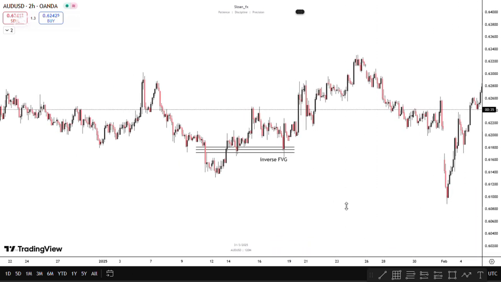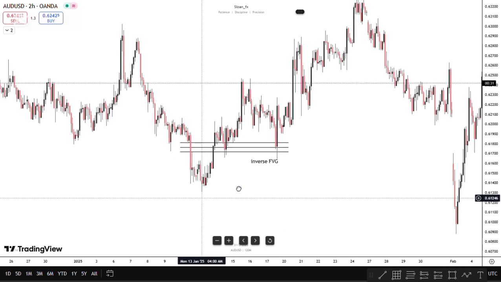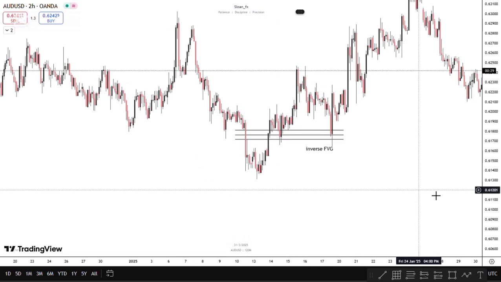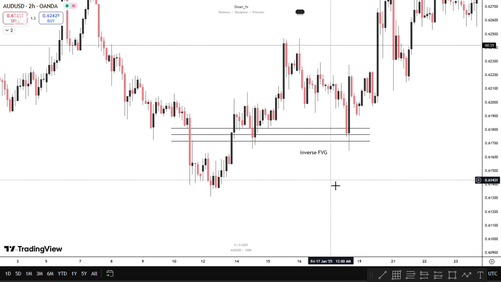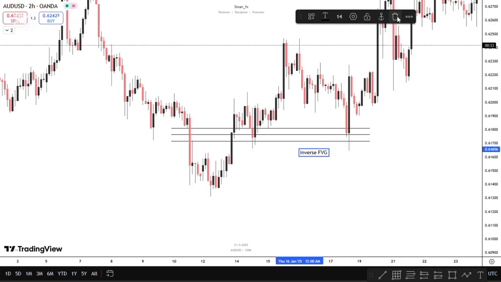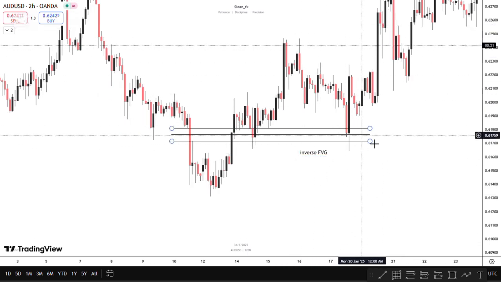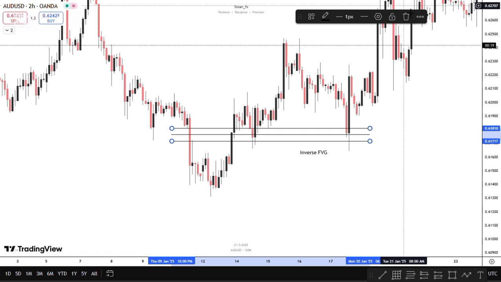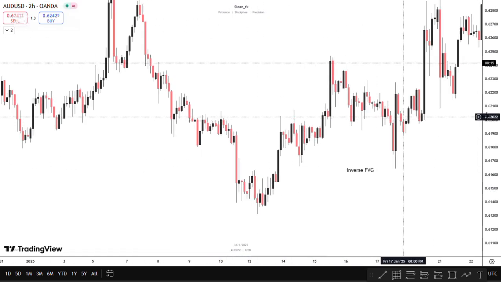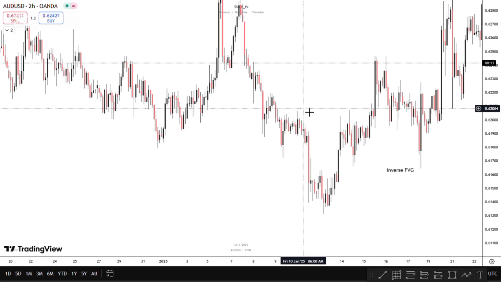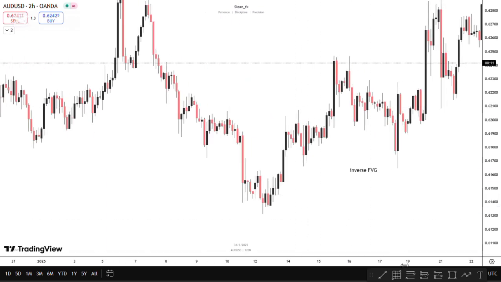This right here was our fair value gap. So we can actually say from here that we have a fair value gap right here.